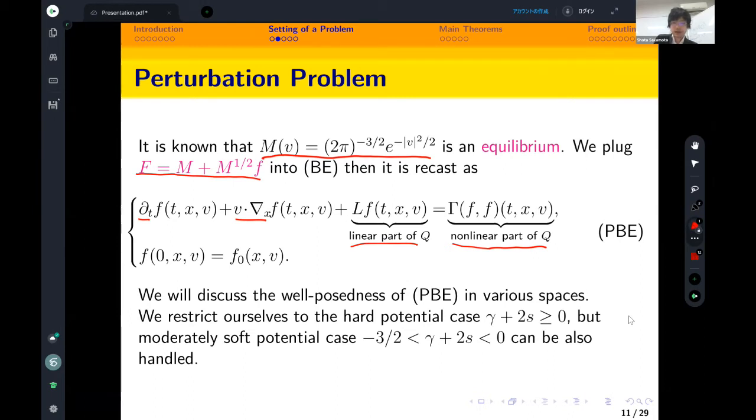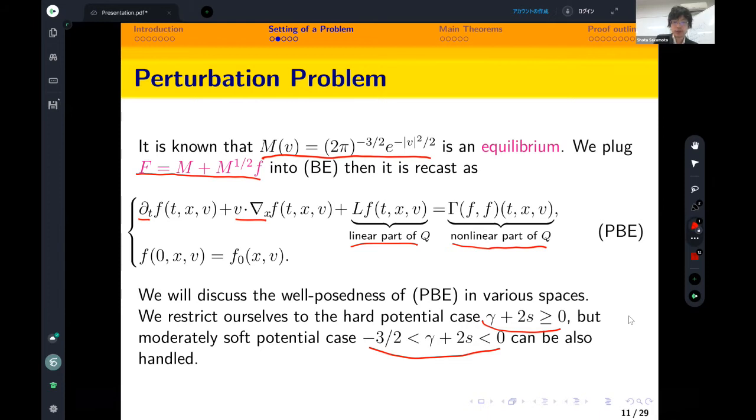This is a technical remark, but we restrict ourselves to the so-called hard potential case, gamma plus 2s bigger than or equal to 0. This case is slightly easier, but by our method we can also treat the case where gamma plus 2s is negative, but its modulus is not too large.